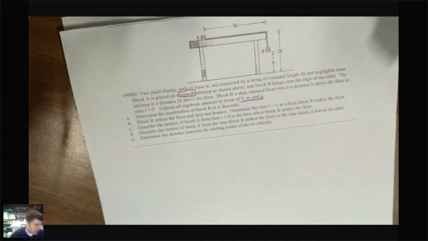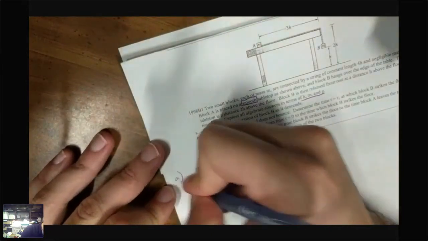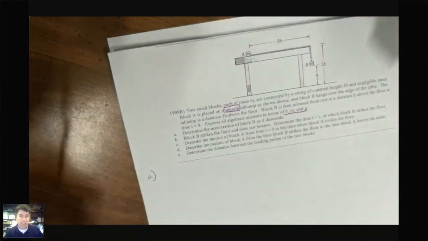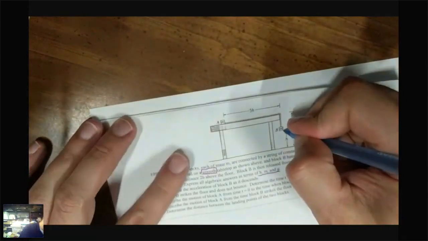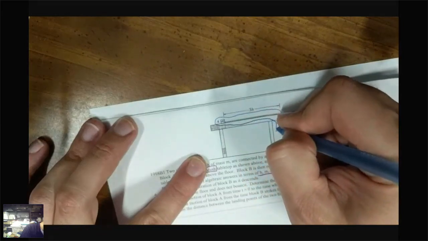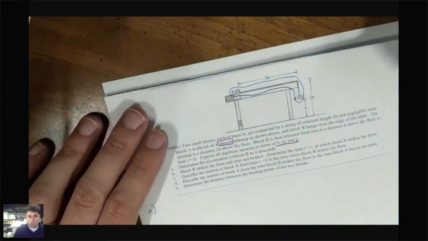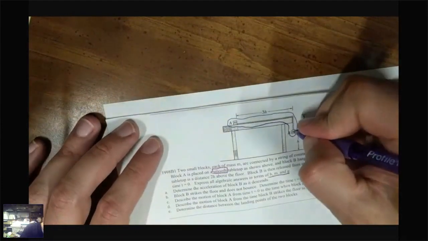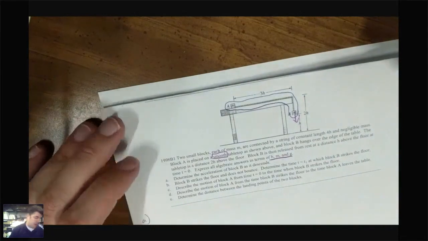All right, so part A, determine the acceleration of block B as it descends. Here's another great example of where we're looking at this whole thing as an entire system. If I treat both boxes as being one single object, we can say that there is only one force on them, and that is the force of gravity pulling that first mass down.